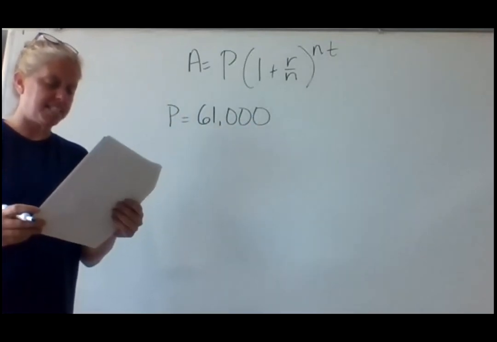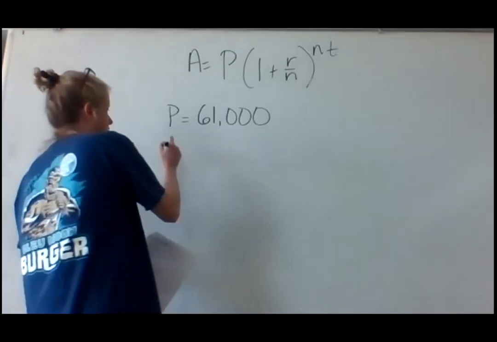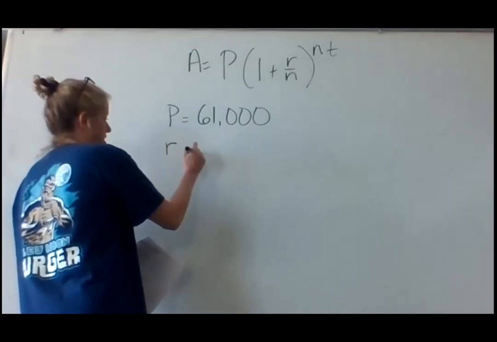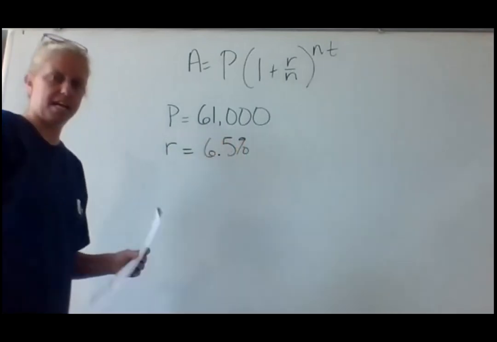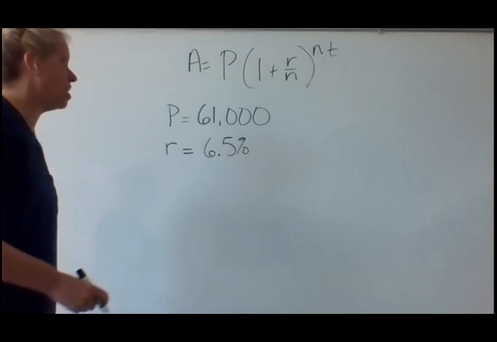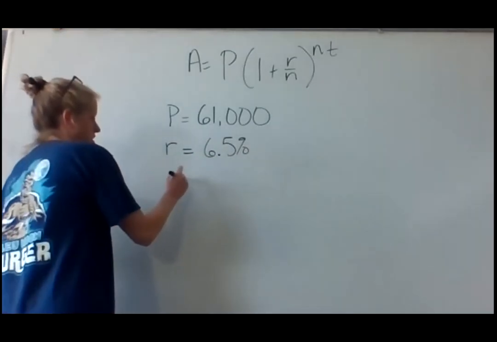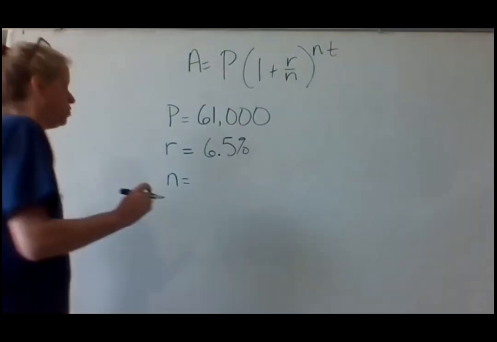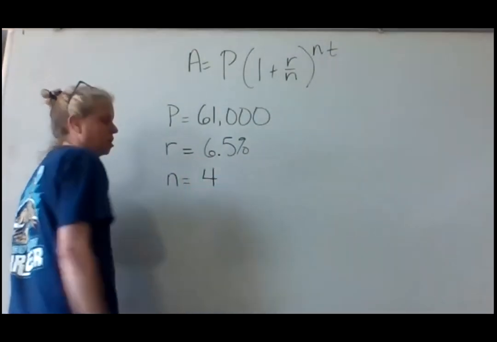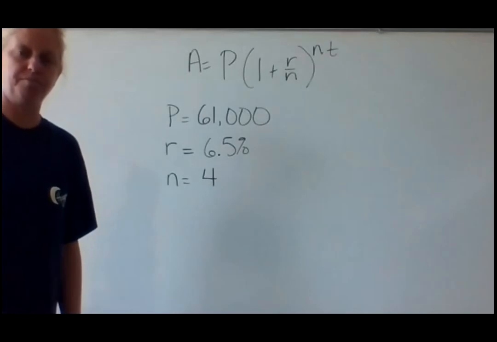It's invested at 6.5%. That's your interest rate. We'll deal with that in a second. Compounded quarterly. So N is the number of times you are compounded in a year. If you are compounded quarterly, that means you are compounded 4 times a year.